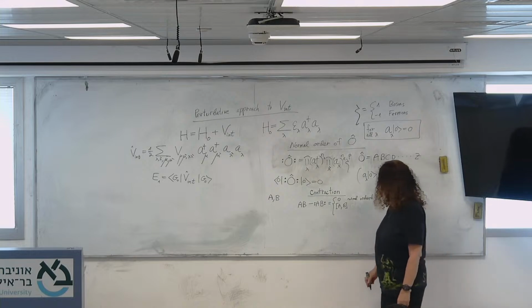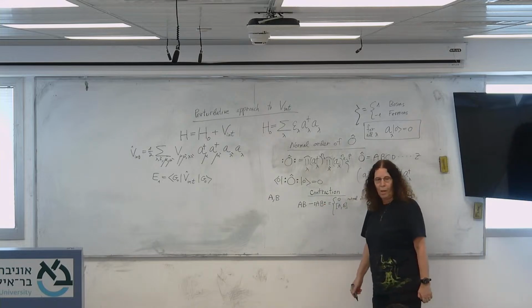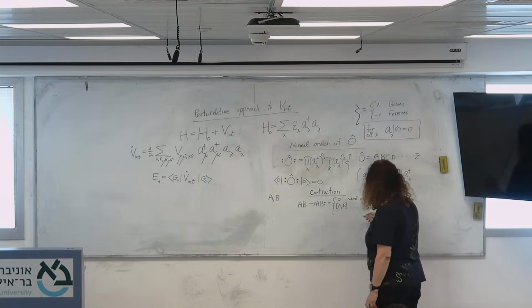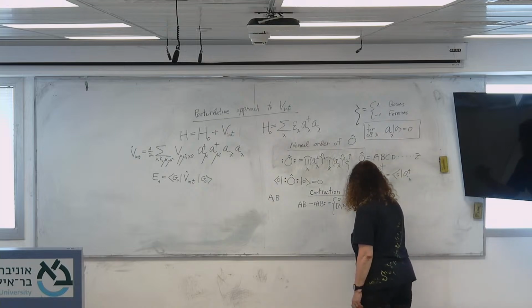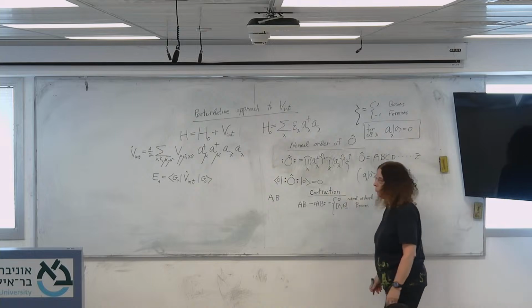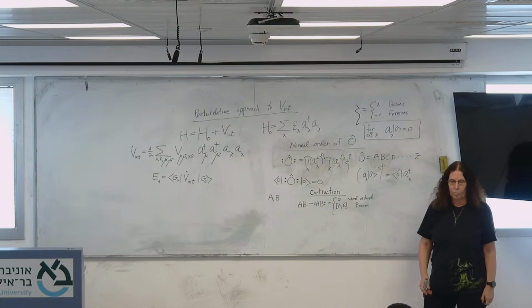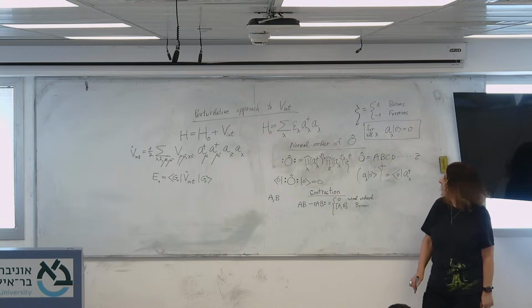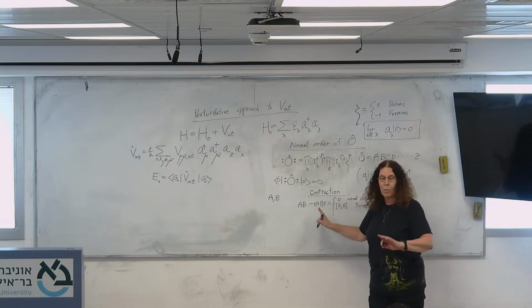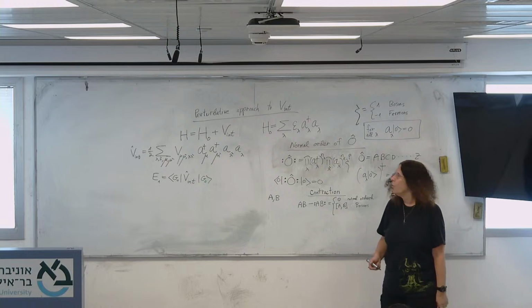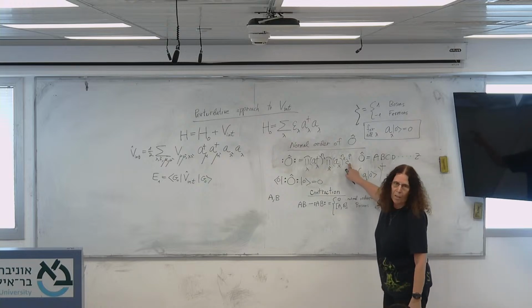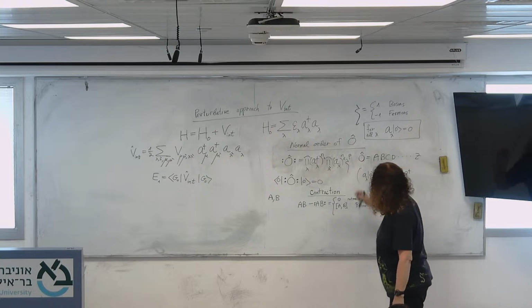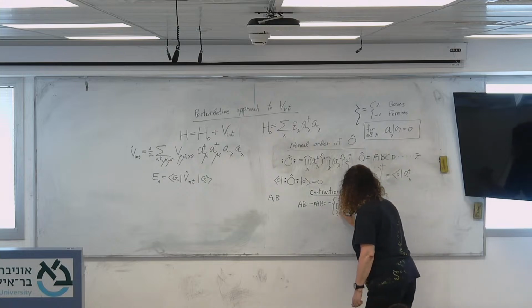So it's basically AB minus BA. So if they're bosons, this is a commutator. If they are fermions, exactly, right. So if they are fermions, I need to switch them, but switching fermions in order to bring to a normal order requires a minus sign. Okay? And therefore it is nothing but the anti-commutator.